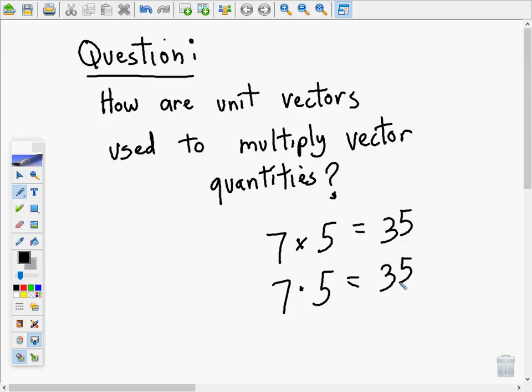There's a different meaning for the multiplication when you use the dot symbol, and there's a different meaning when you use the X cross symbol. So with regular math, same meaning.